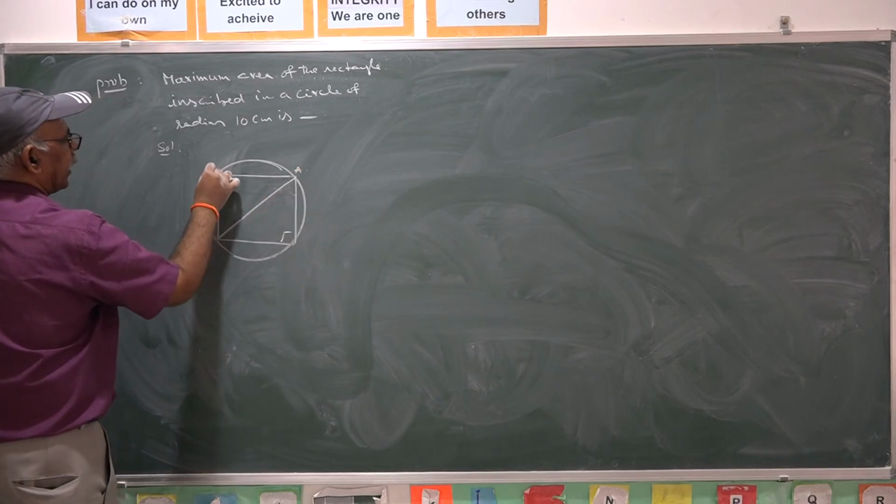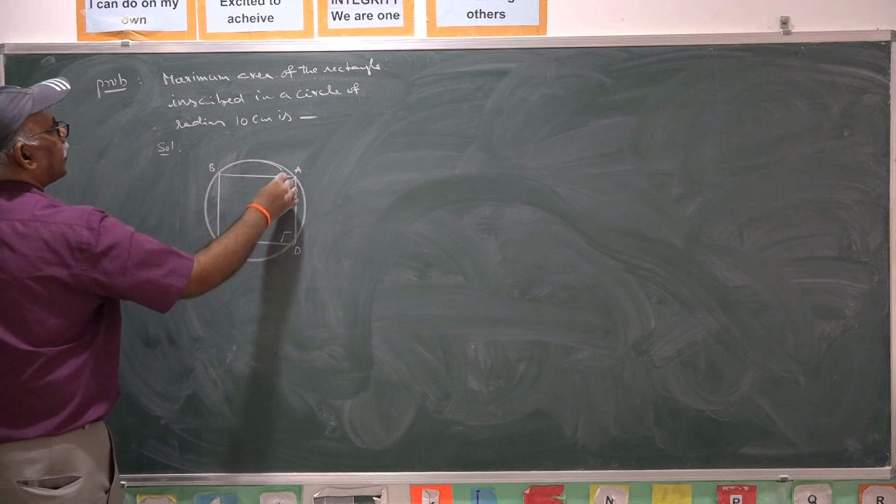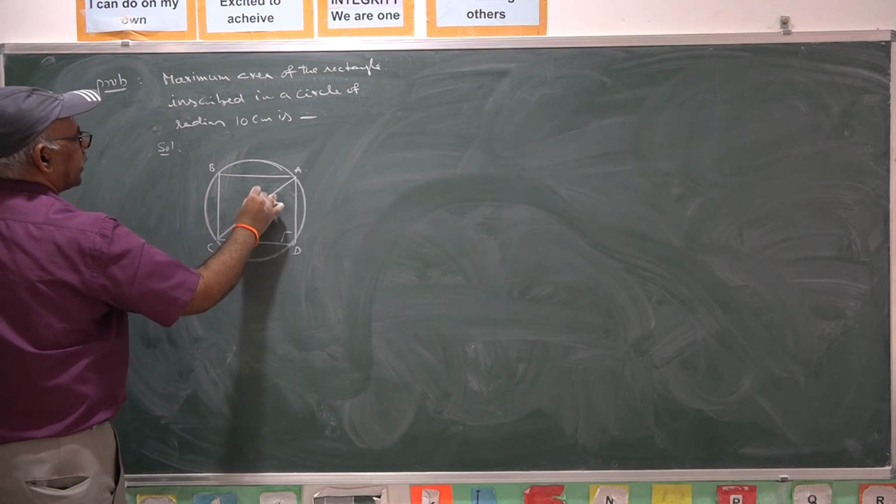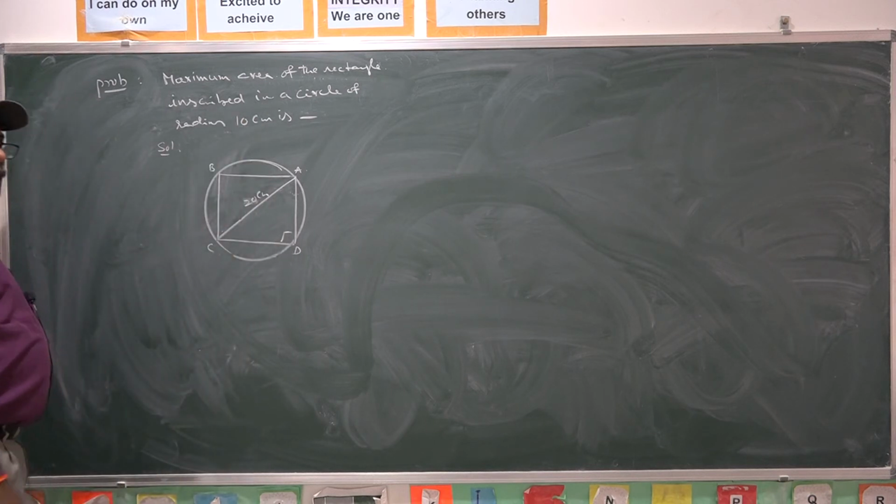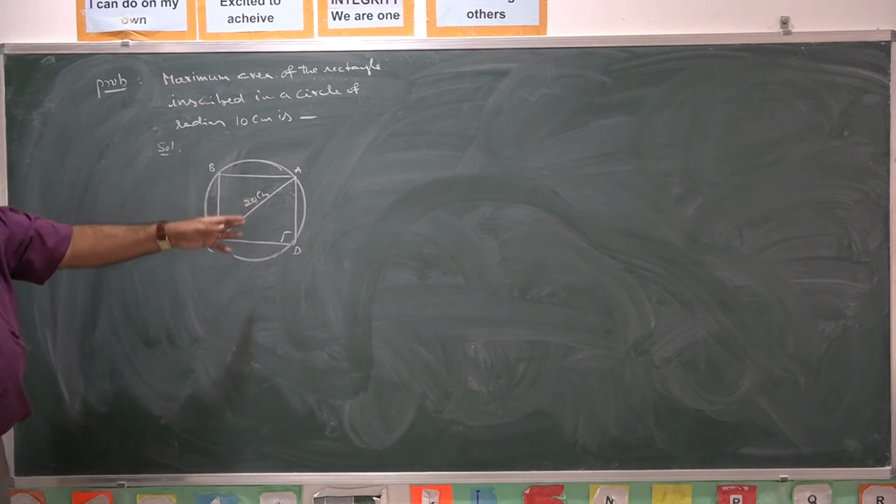This is our rectangle. This is 20 centimeters. Of course, radius is 10, hence it is 20. The maximum area of that rectangle is?